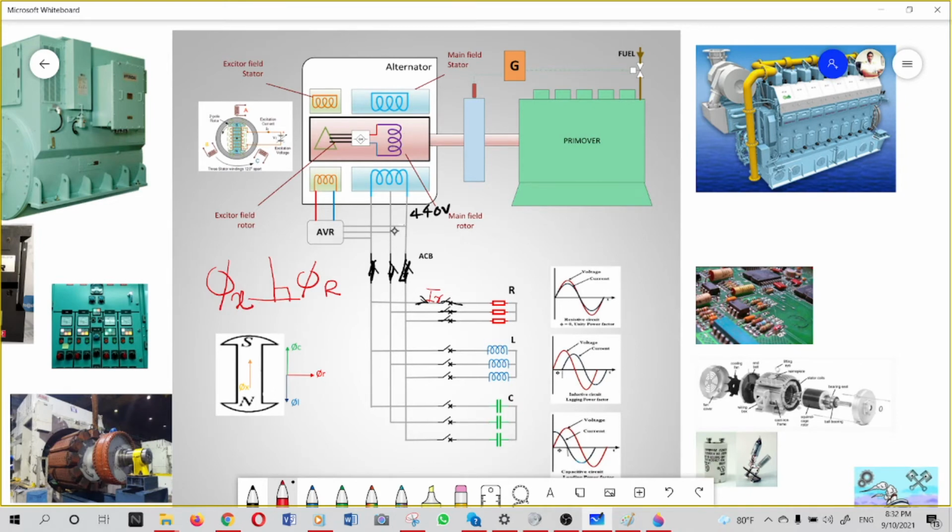So the new magnetic field generated due to this resistive load, which is 5R, is in a different plane, 90° from the initial main field. This is 5R, the newly developed magnetic field, and it is 90° out of phase, in another plane, from the initially generated magnetic field in the rotor.